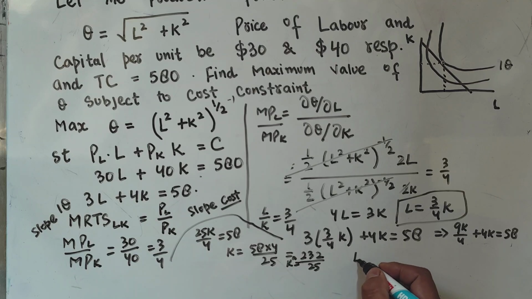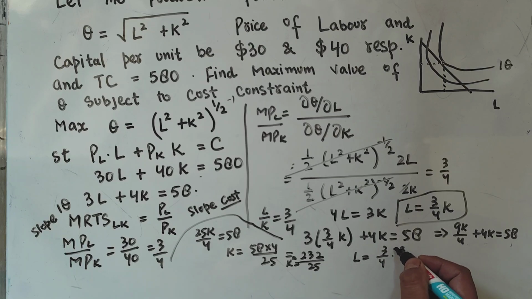Now to find the units of labor employed, it will be equal to 3 upon 4 times the units of capital employed, which is 232 divided by 25.